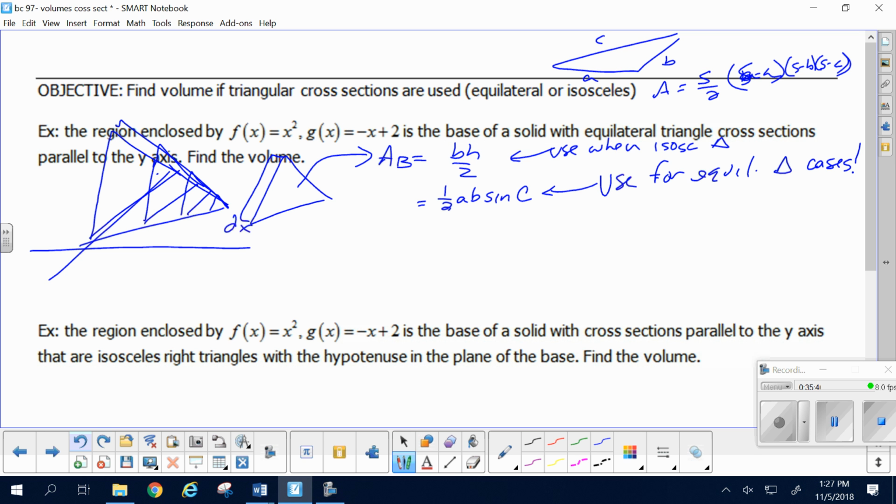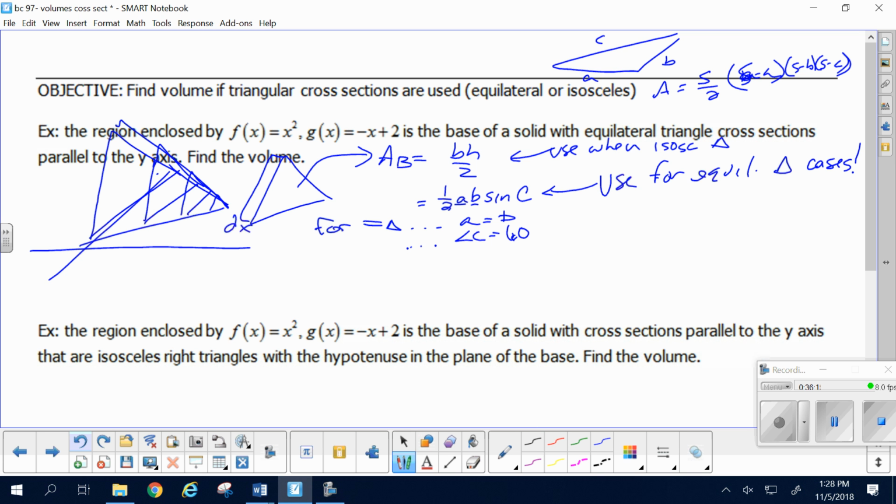For equilateral triangles, well, first thing is A and B represent the sides of the triangle. If it's equilateral, then A equals B. Likewise, the angles of an equilateral triangle are 60 degrees.